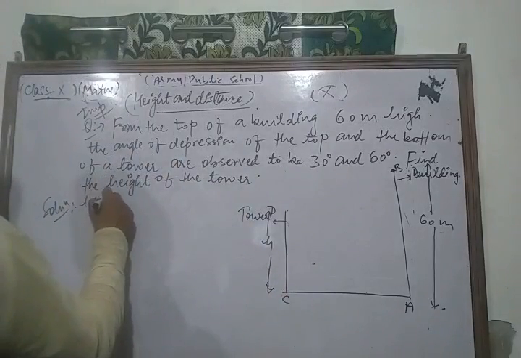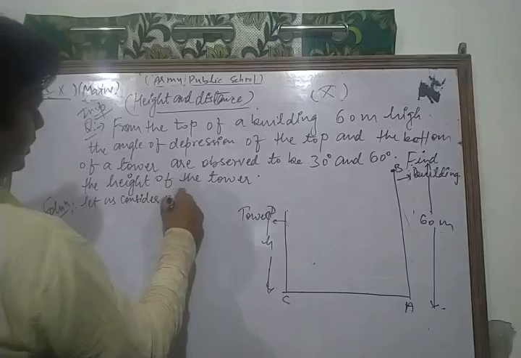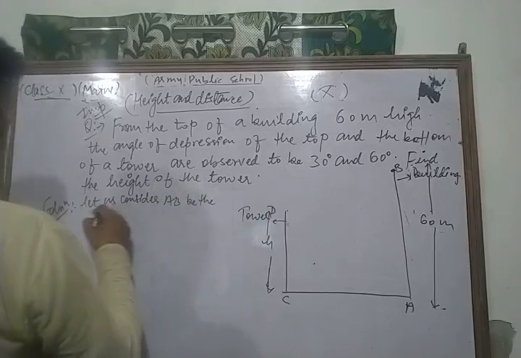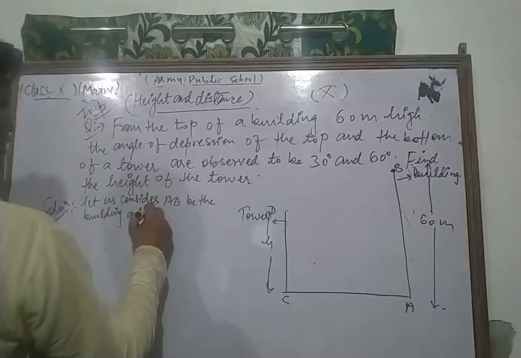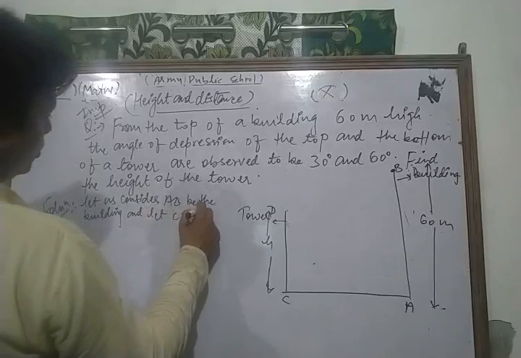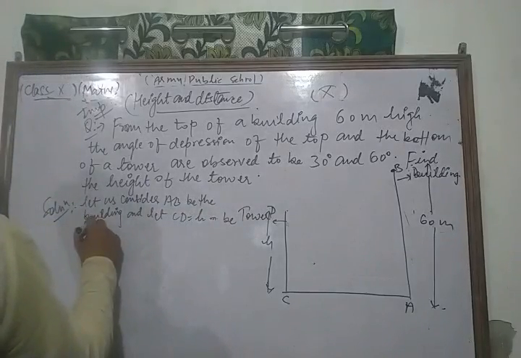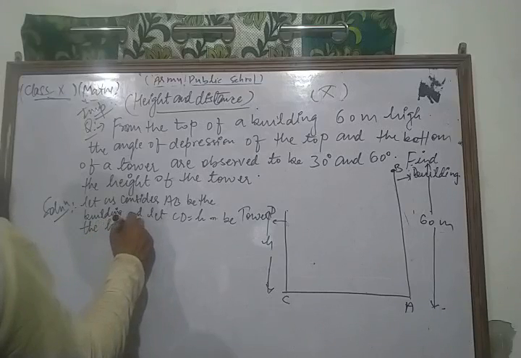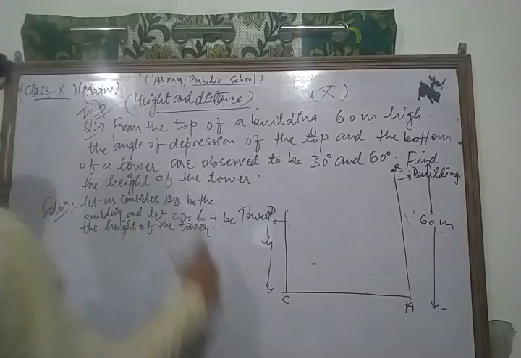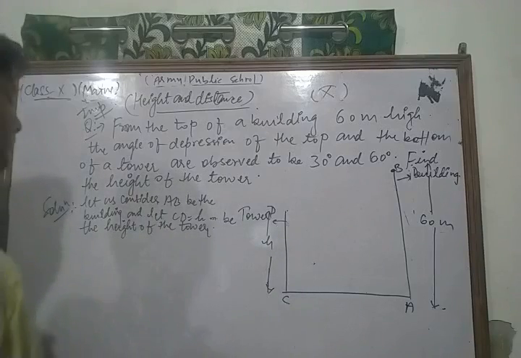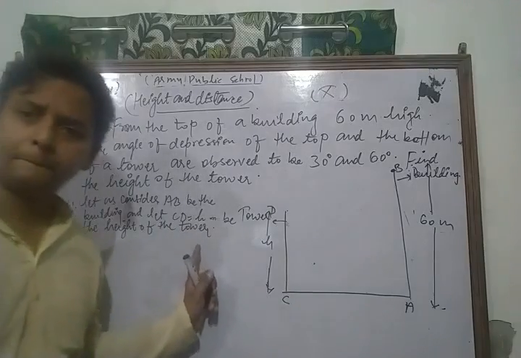Let AB be the building and let CD equal to h meter be the height of the tower.